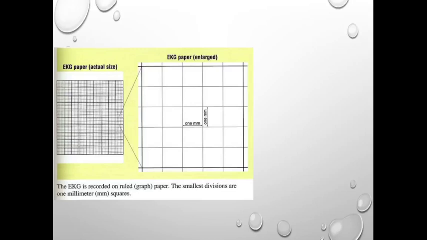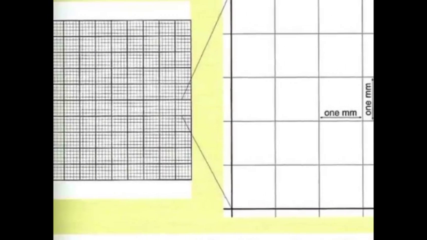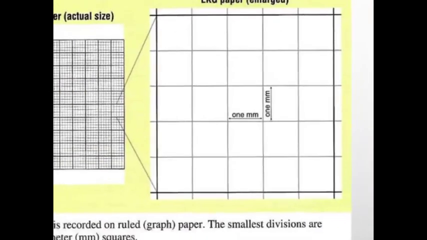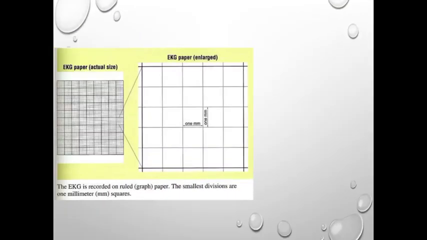Here, this is only a large one. One small square is equal to 1 millimeter vertically and horizontally. So the big square is half a centimeter, and each small square is 1 millimeter. Okay.